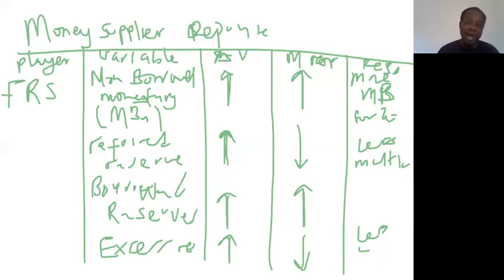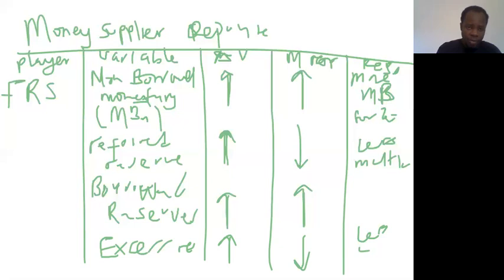That reduces the ability of the banks to create more money. That means our money multiplier will go down, and once it goes down, we are unable to create more money. So our money supply will also come down.